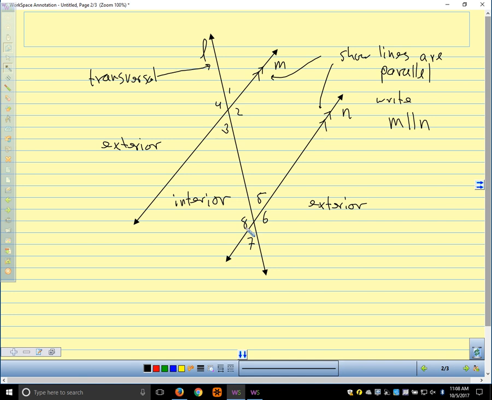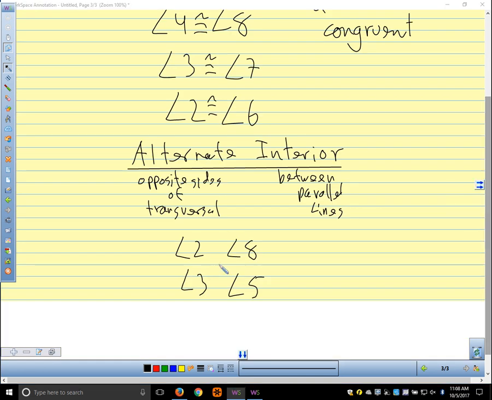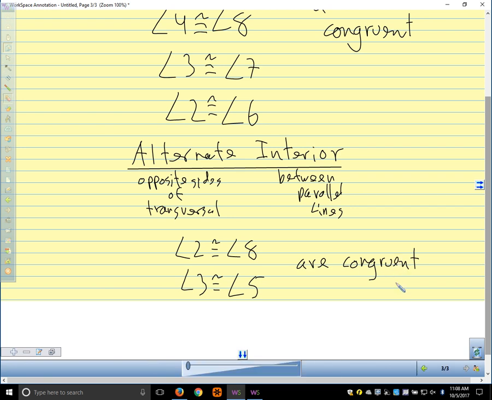Those angles are going to be congruent. So when we have two parallel lines cut by a transversal, alternate interior angles are congruent. And again, alternate means opposite sides of the transversal, interior means between the parallel lines.